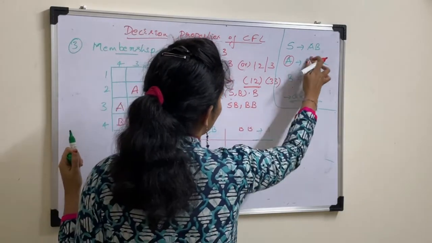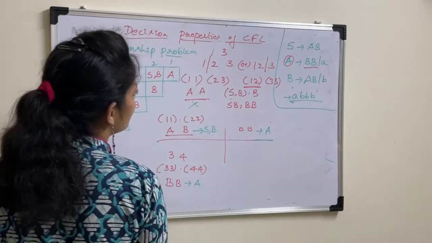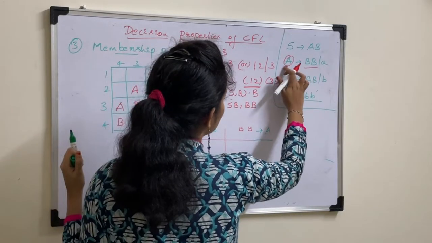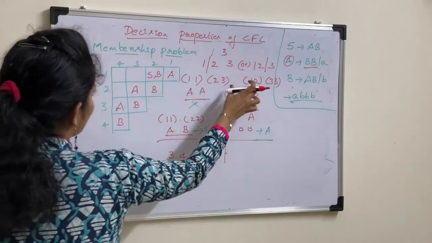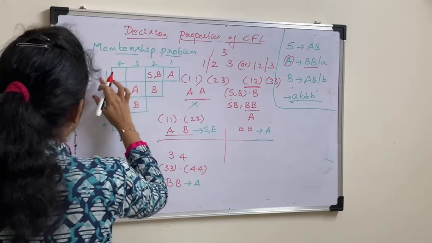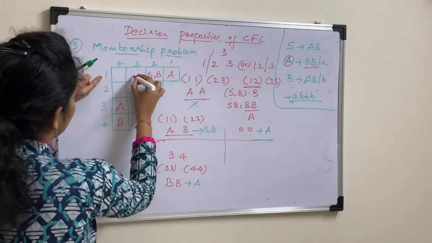Take SB: SB is not derived by any production. Next BB: BB is derived by A. So in place of 1 3 place A.